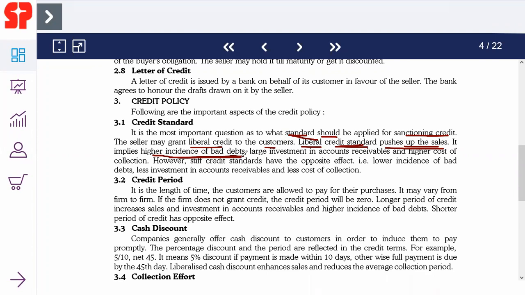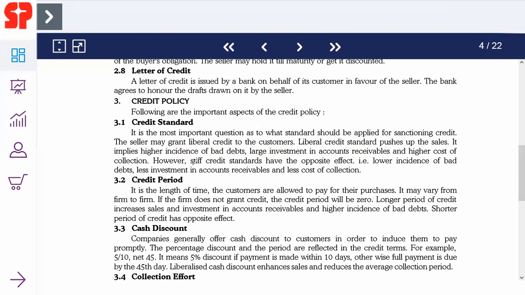Then a large investment in accounts receivable will lead to blockage of funds and higher cost, because you will have to take an overdraft from the bank. So this all will be the disadvantage of the liberal credit standard.